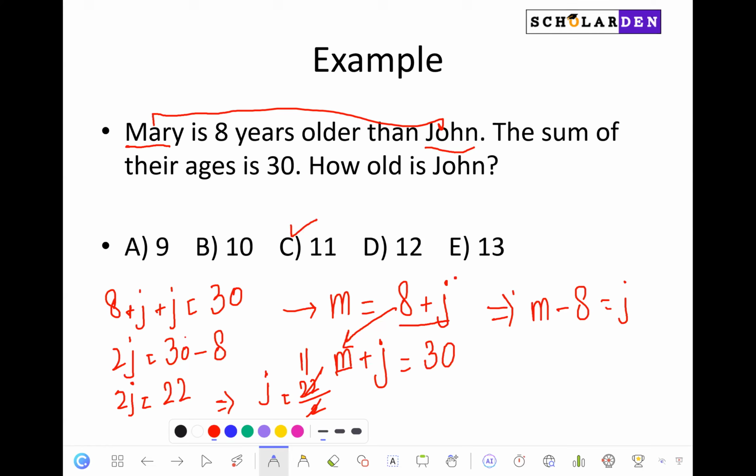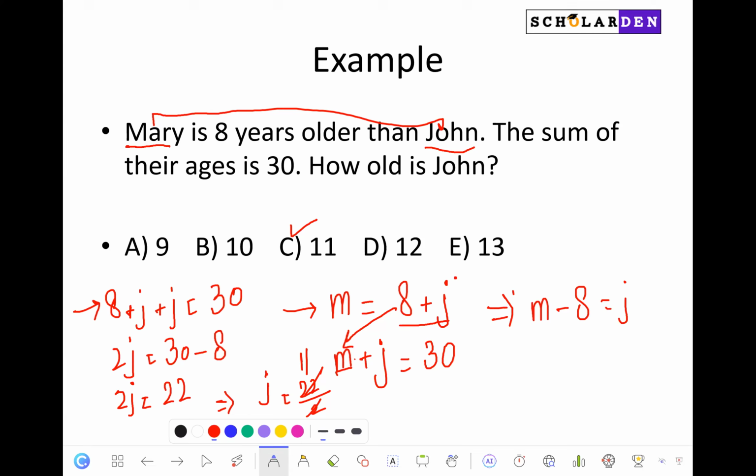Okay, so look at this expression over here. What we do is plug in this expression, M is equal to 8 plus J. We say that M is equal to this, and there is an M appearing over here as well.